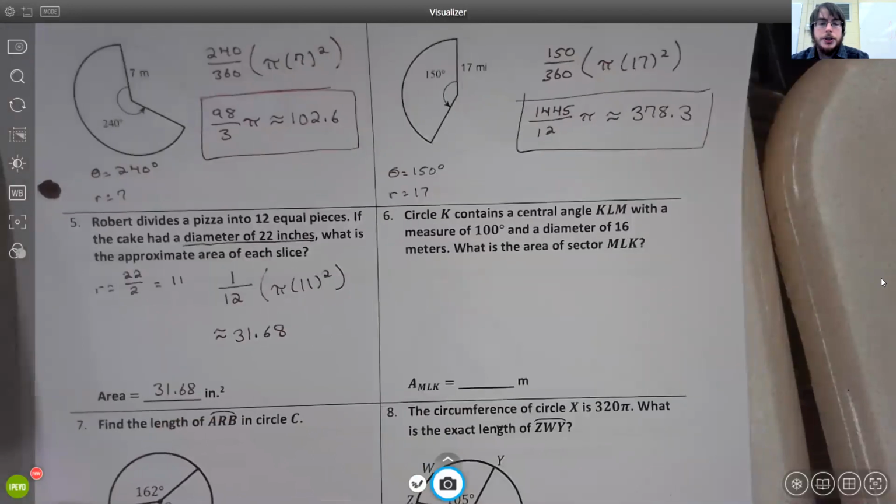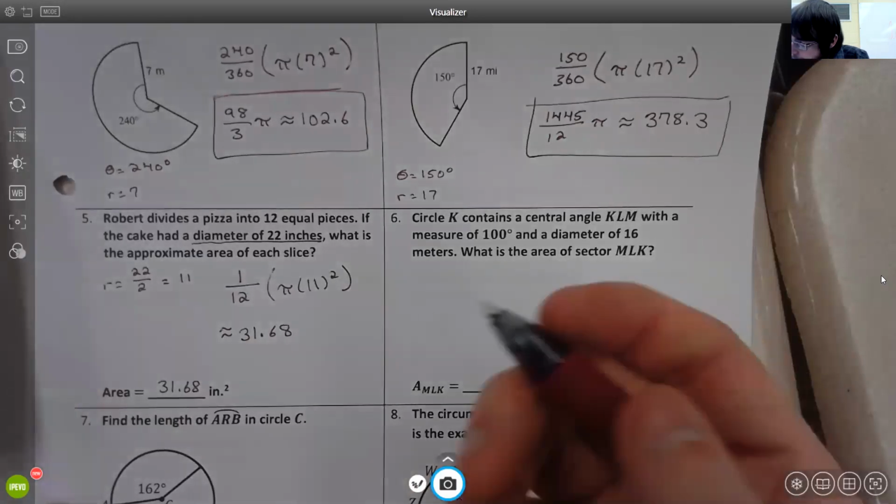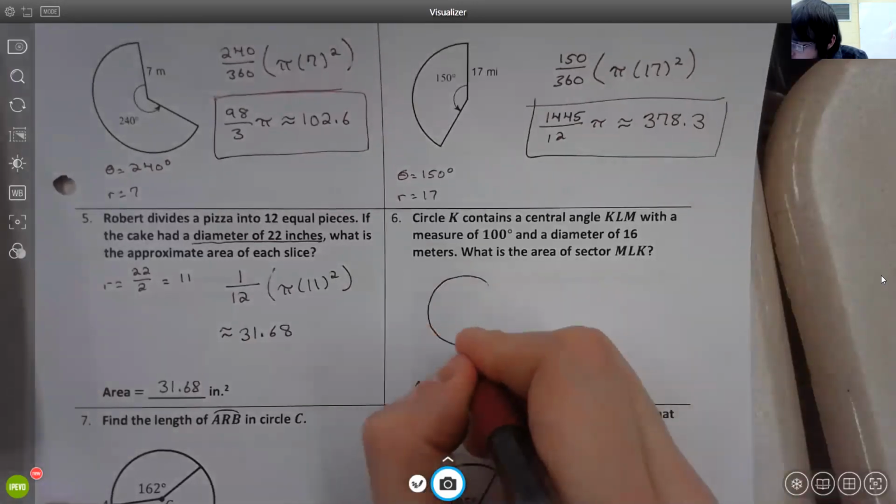All right, number 6. Number 6 says circle K contains a central angle KLM with measure of 100 degrees and a diameter of 16 meters. What is the area of sector MLK? So in this one, we're going to draw our picture.